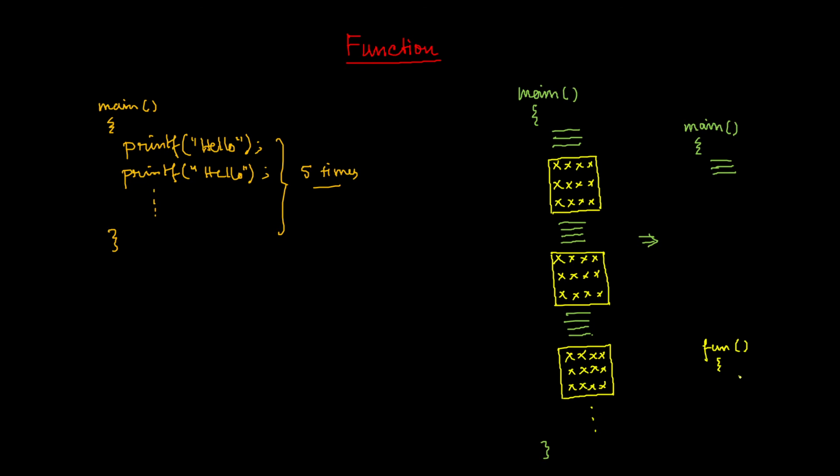Within that function fun, I'll have that piece of code, and what I will do, I will call the function fun over here once, so that this piece of code runs once over here, and then again some other set of code as we have in this particular part, and then again I will call the fun function.